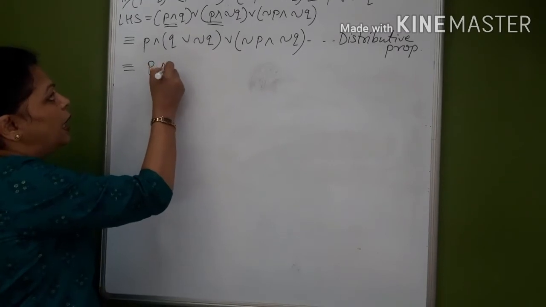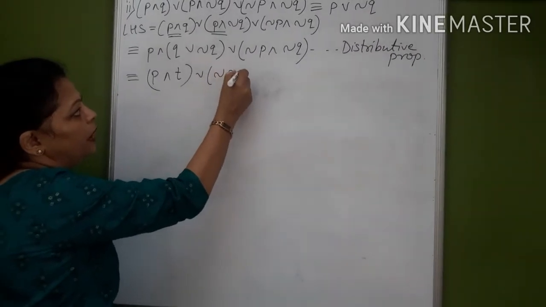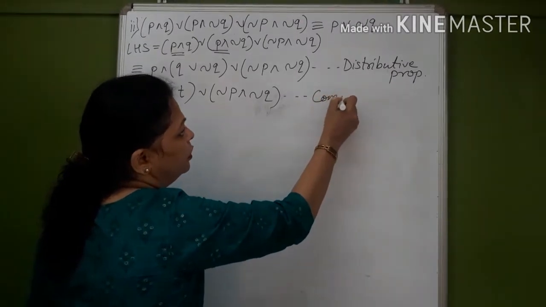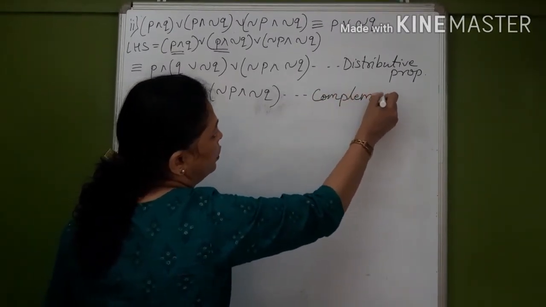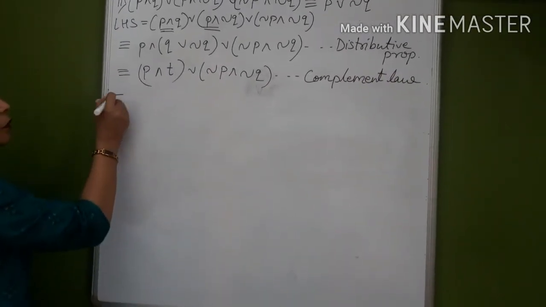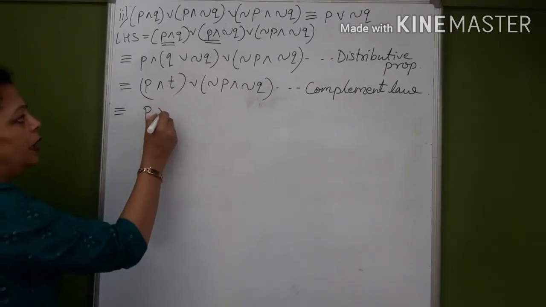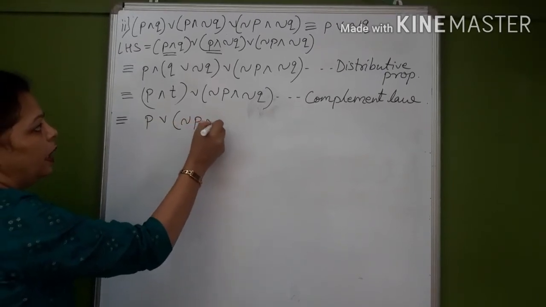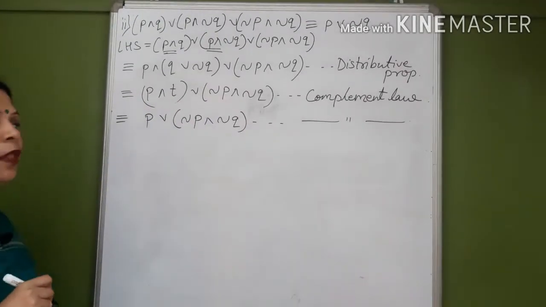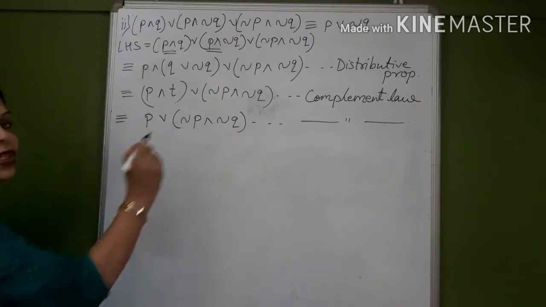So we write P and T or negation P and negation Q. This is your complement law. Okay. Now, again P and T will be P. So you get P or negation P and negation Q. Same law, complement law.